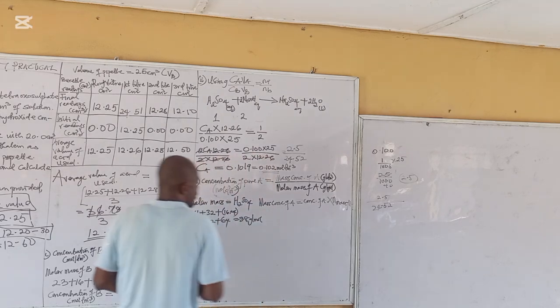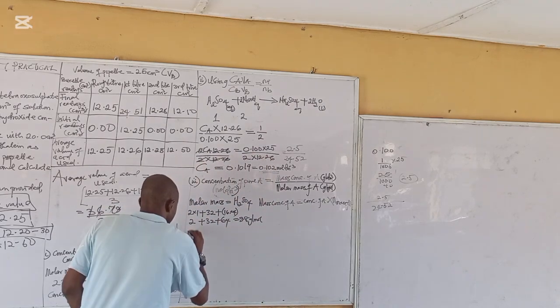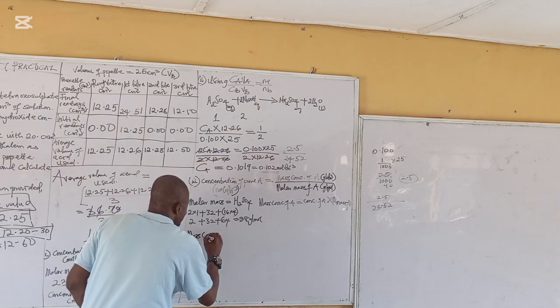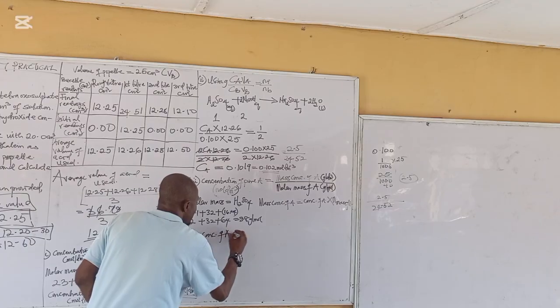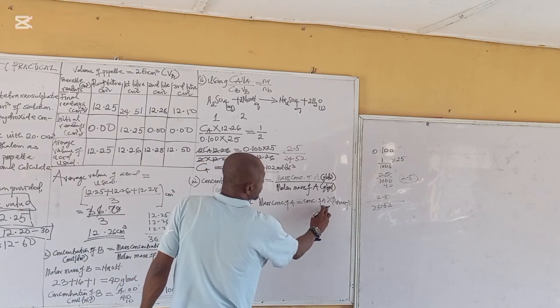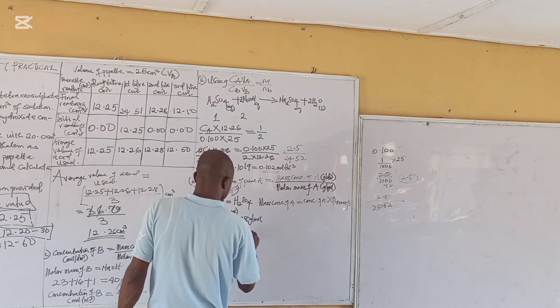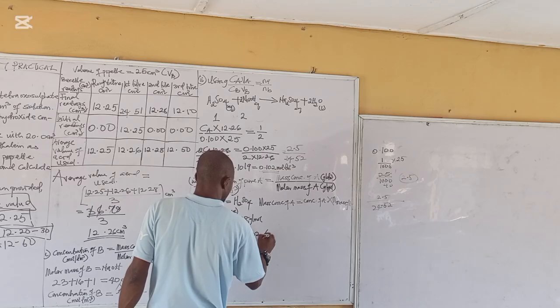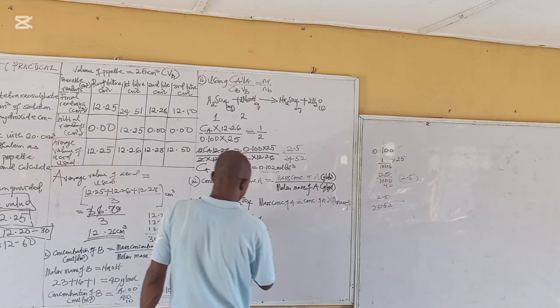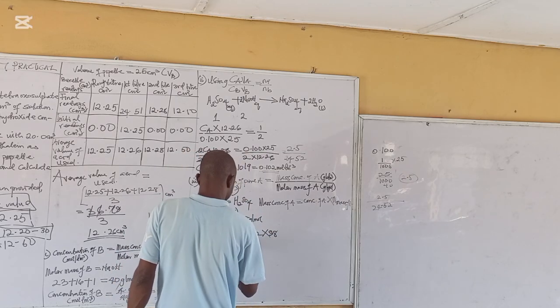Then what is the mass conc of A now? Our mass concentration of A is equal to the concentration of A, which is 0.102, times the molar mass, which is 98.